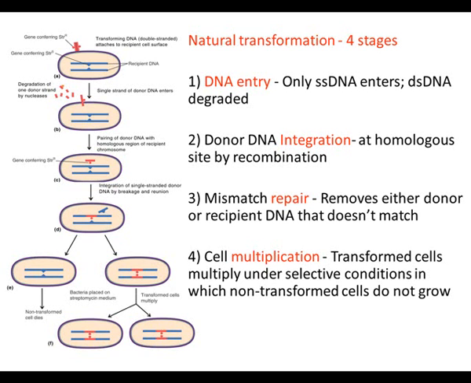It finds the homologous region. It integrates there. And then mismatch repair could occur. One or the other would get changed, but if the resistant one survived, then it would encode resistance, and that bug will be resistant to streptomycin, and if streptomycin is in the environment, then that bug would be selected for.